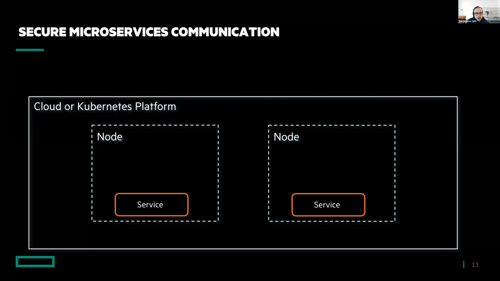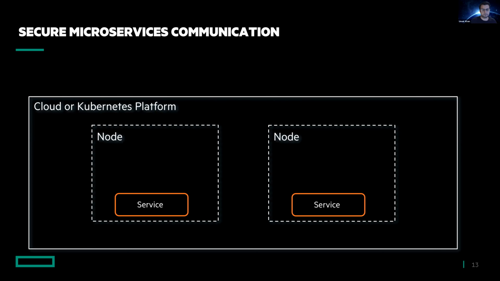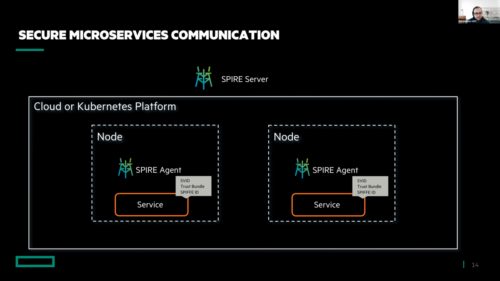All right, so one of the first things that people want to do with SPIFFE and SPIRE is simply to establish mutual TLS connections between two services. So if you're in Kubernetes, you have two services, maybe they're running on two different nodes. First of all, you set up a SPIRE server and then an agent running on each node.